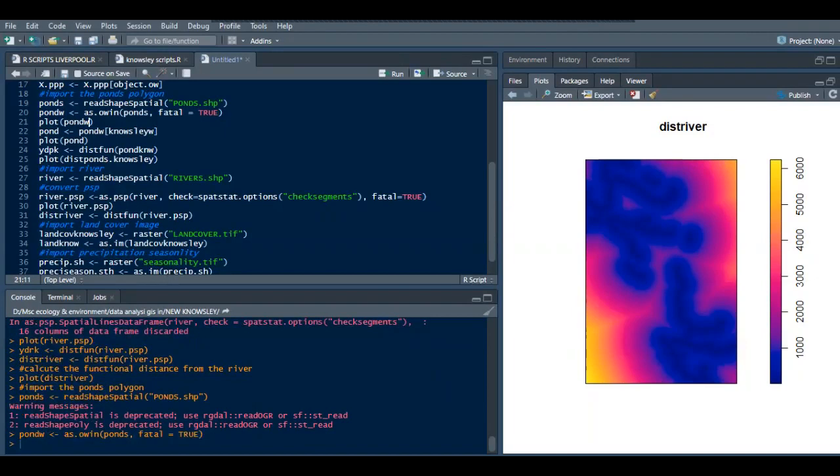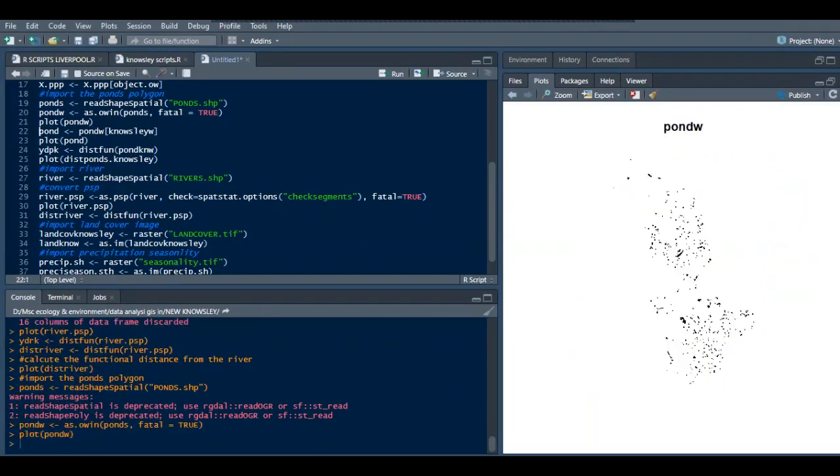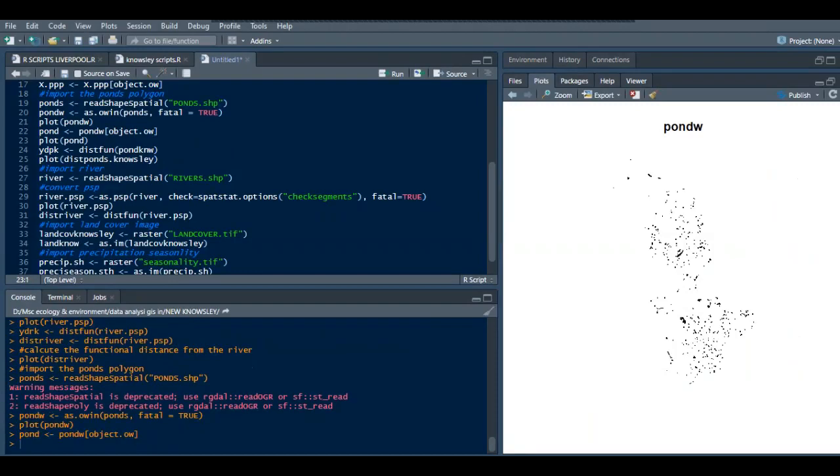When we plot them, you will see these points here, and then we can give it a window. We don't need to, but let's give it a window here. Remember our window, which is for the other polygon, is object.ow. So we can run that.